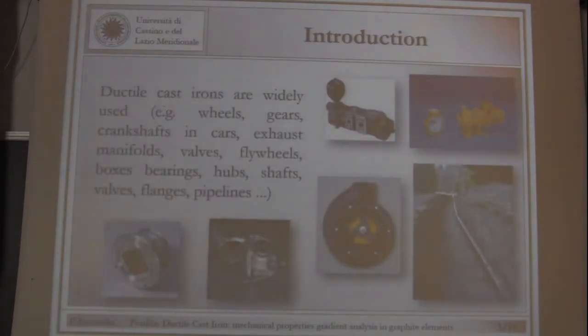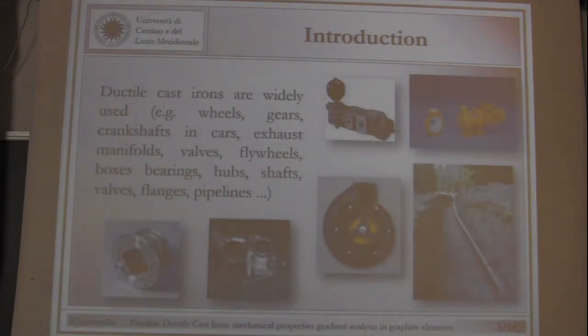So this is the reason why a lot of components are now made of ductile cast iron. You can see belts, boxes, bearings, hubs, wheels, gears, and so on. It is important to have a model in order to predict the mechanical behavior of these components.